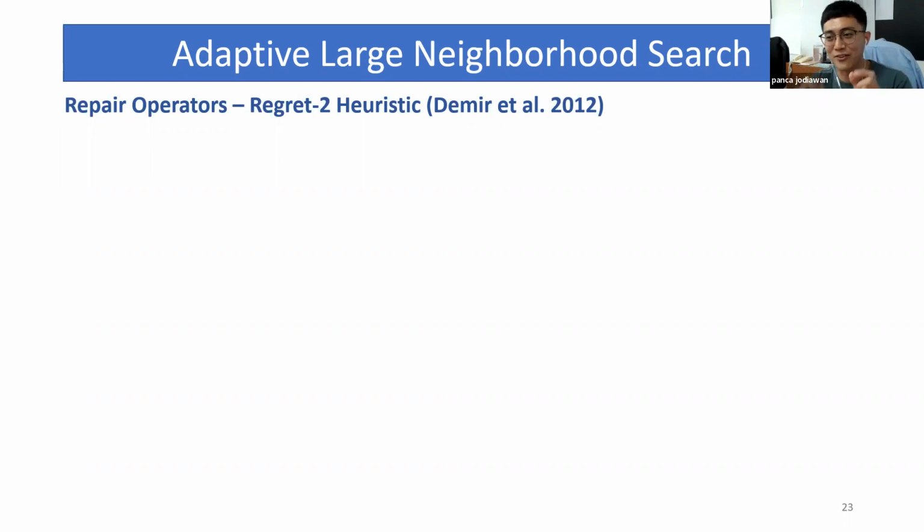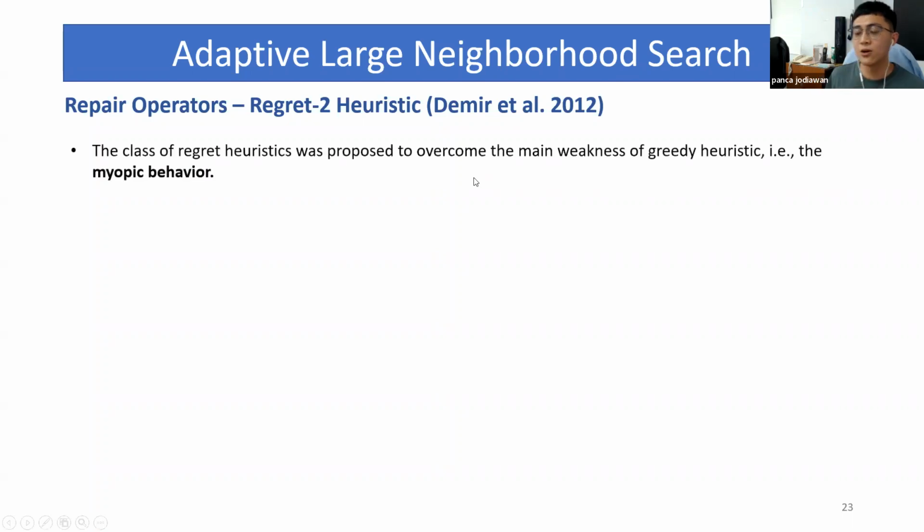It's a little bit different, so that's why I need to write the version here. The regret heuristic that I shared with you is the version of Professor Demir in 2012. But the main purpose of the regret heuristic is the same.